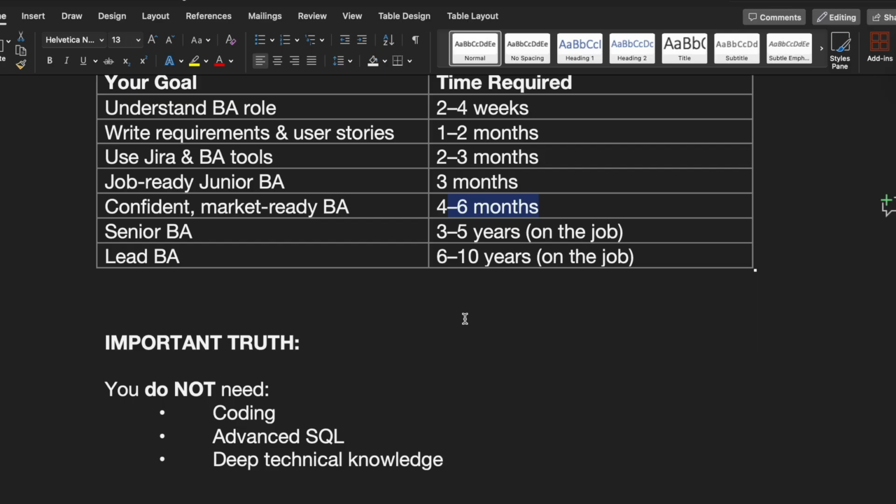Usually you have to write the BRD in a Word document or a doc, because you need to share it with the stakeholders after you write it, and they will read it.